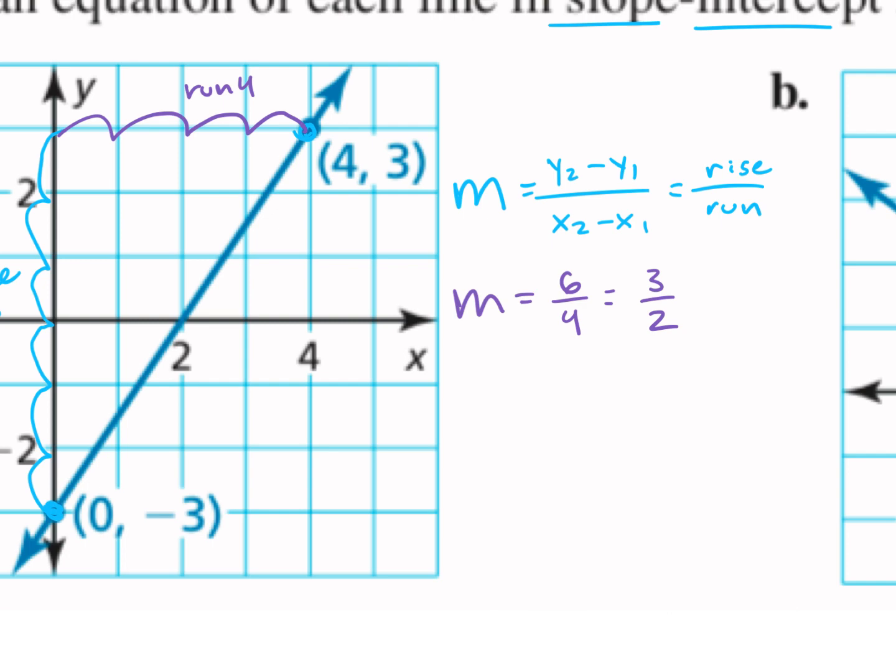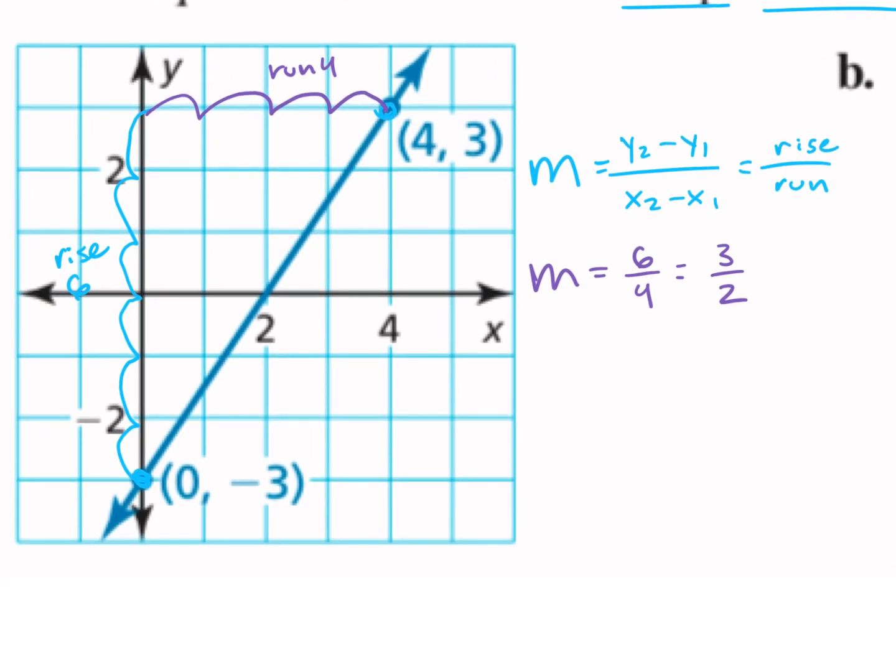Now I need my b, my y-intercept. Where does my graph cross the y-axis? What value? So where does this line cross the y-axis? At negative 3. It crosses the y-axis at negative 3, so my b would be negative 3.